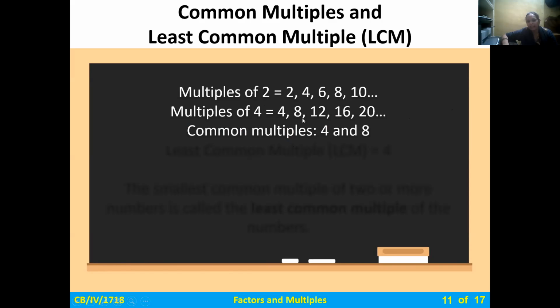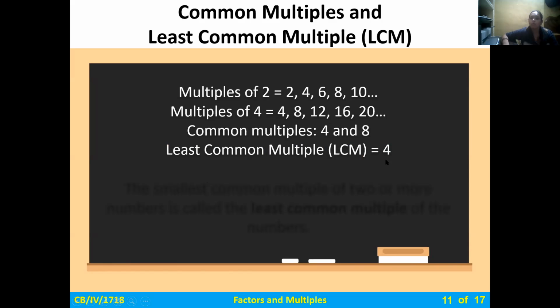Similarly, 8 is here, 8 is here. And if you keep on writing the table, you will find 12 is also here, 12 is also here, 16. So you got common multiples. And if I ask you to find the least, meaning smallest, common multiple among all the common multiples, it is 4.